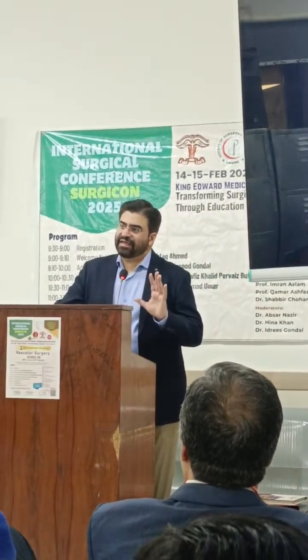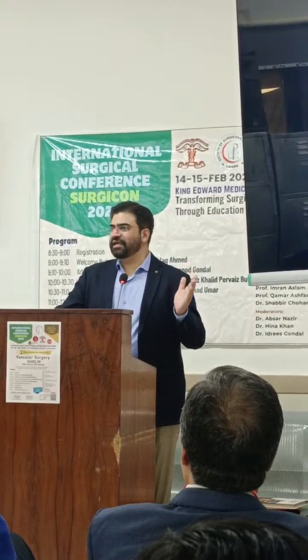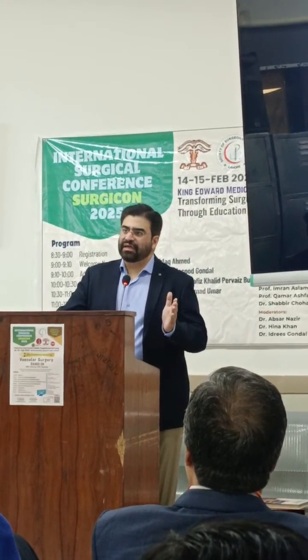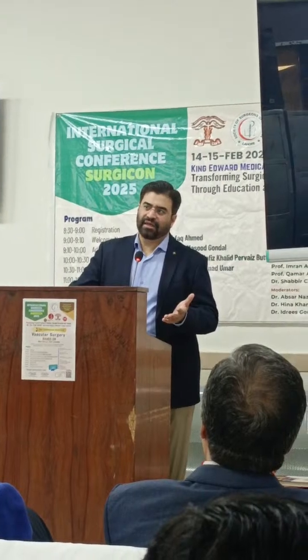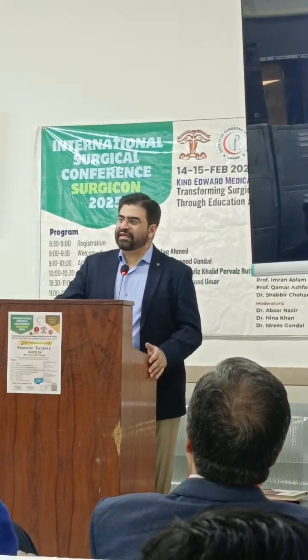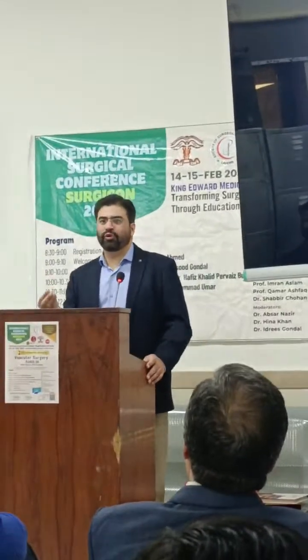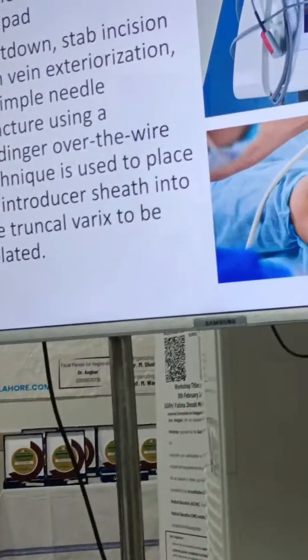Now, once your catheter is placed 2 centimeters from the junction, the next step is to anesthetize the vein. For that purpose, we use tumescent anesthesia. Tumescent anesthesia is actually a large volume of anesthesia, which we give through 4 or 5 pricks using a 20 gauge spinal needle.